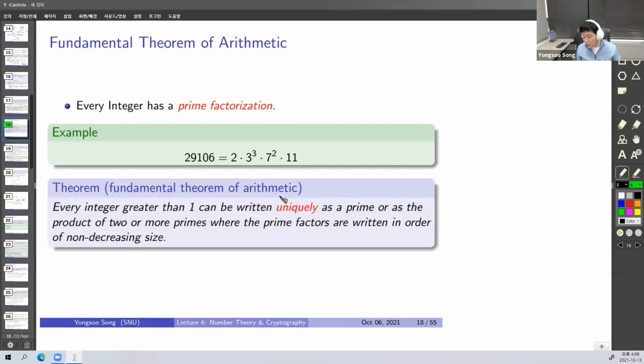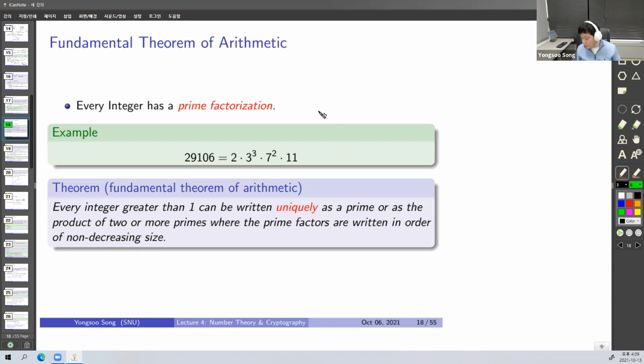And I am also pretty sure that you're very familiar with prime factorization. It's also called 소인수분해 in Korean. So the fundamental theorem of arithmetic says that there exists a unique representation of prime factorization. Prime factorization basically represents any integer greater than 1 as a product of powers of primes.